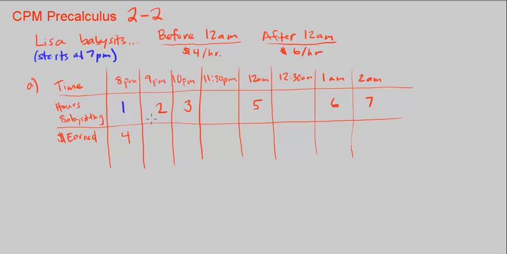At 9 o'clock she has worked 2 hours, so 4 times 2 is $8. At 10 p.m. she's worked 3 hours, so she gets an additional $4, which is $12 so far.